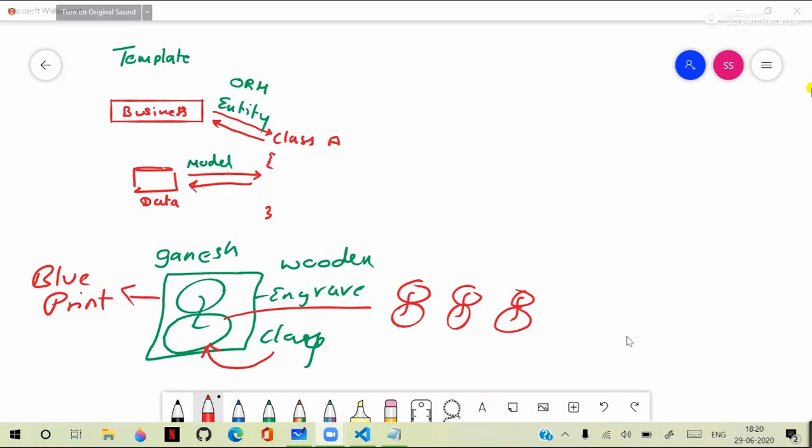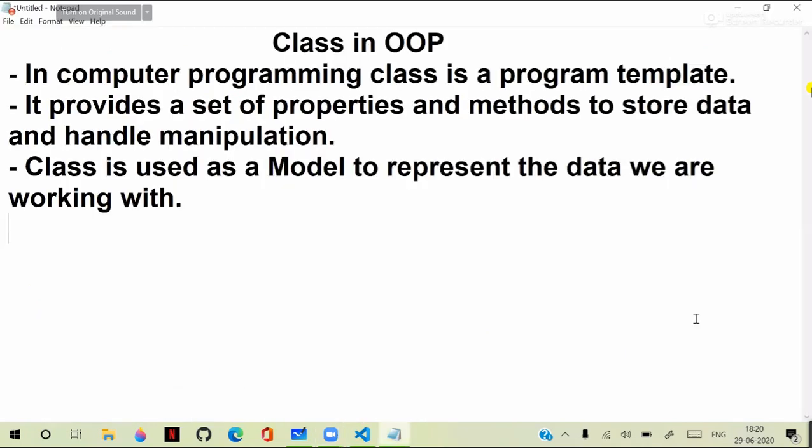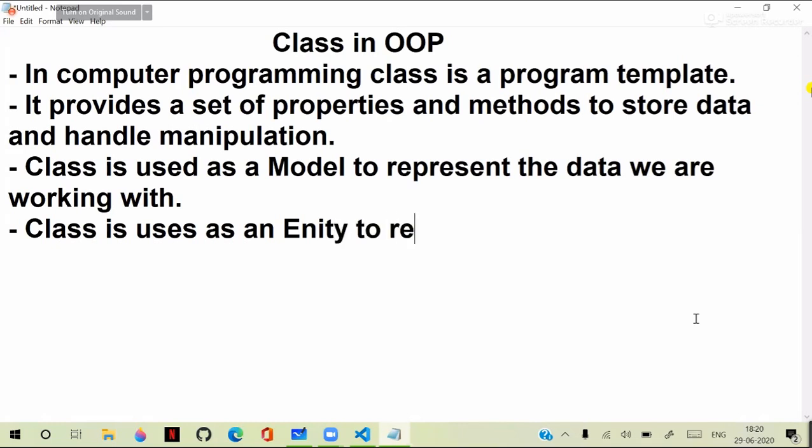A class has the behavior of all of these. A class is used as a model to represent the data, and as an entity to represent business.